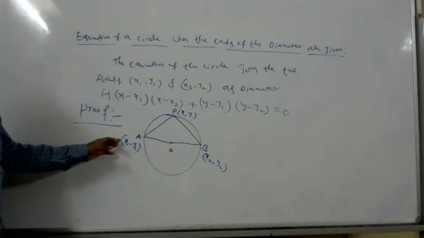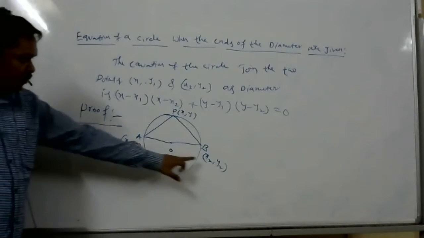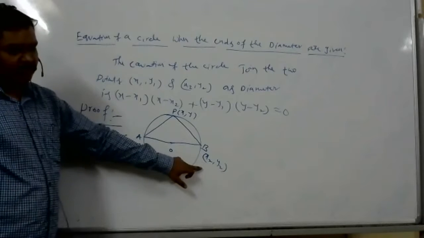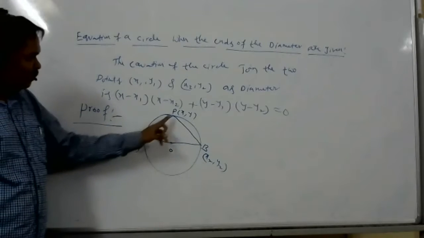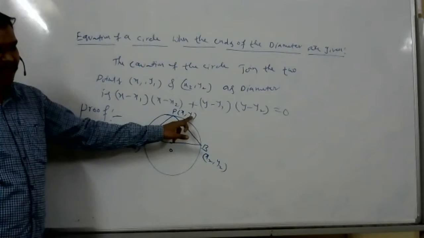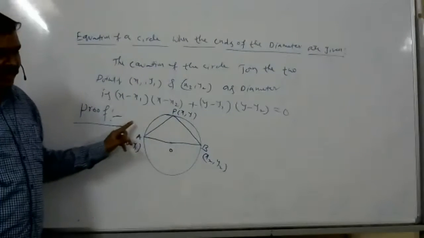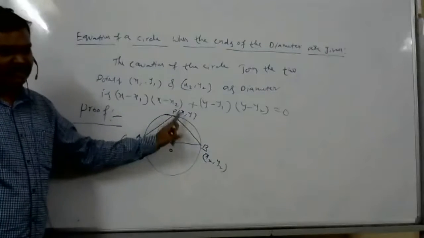Listen. Let A x1 y1 and B x2 y2 be the points, and let P x comma y be any point on the circle, and join AP and PB.